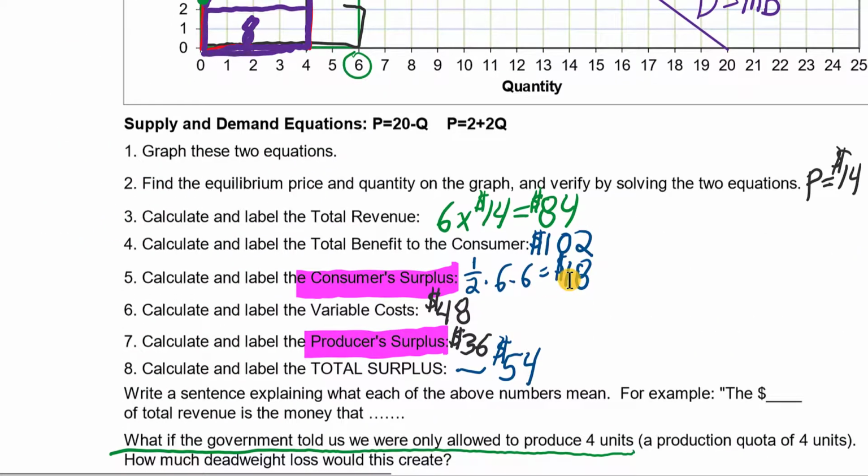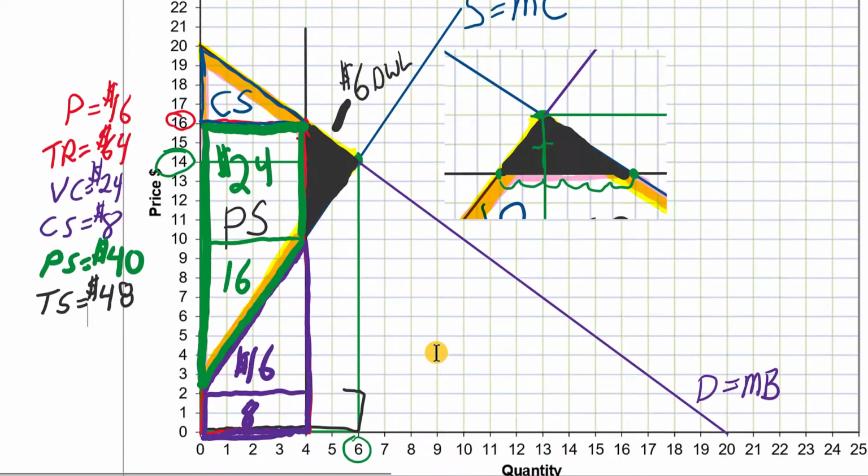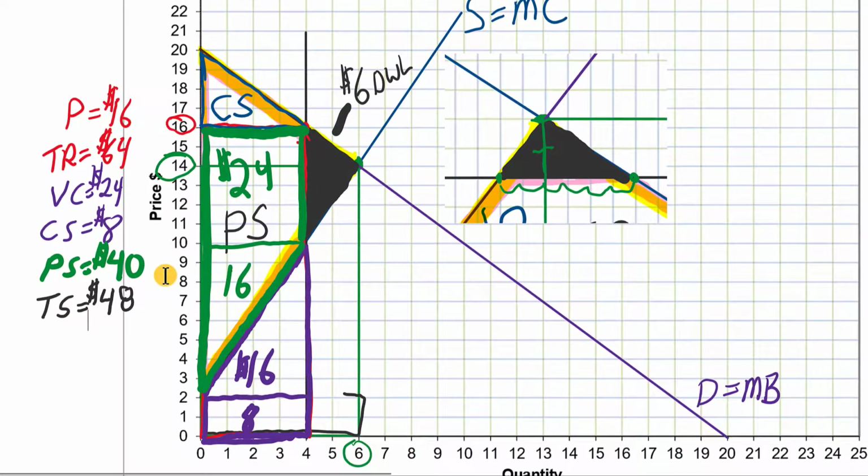It used to be $18. So consumers are losing $10 of surplus. How about producers? Well, they used to get $36 in surplus, and now they're getting $40. So producers would be better off because of this quota, and consumers would be worse off. The deadweight loss comes in because consumers are $10 worse off.